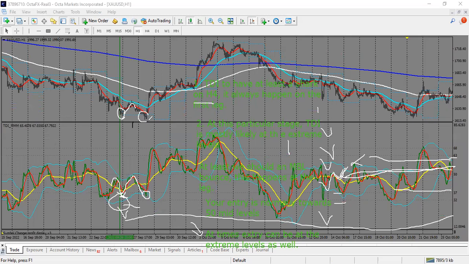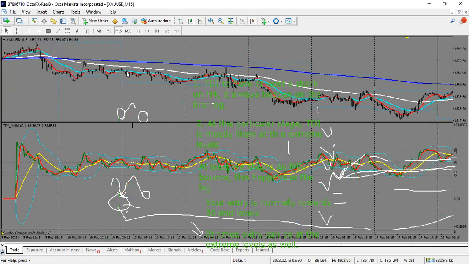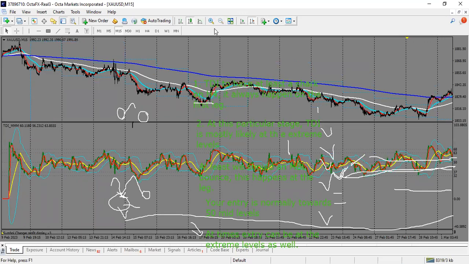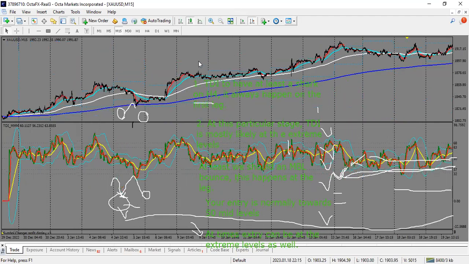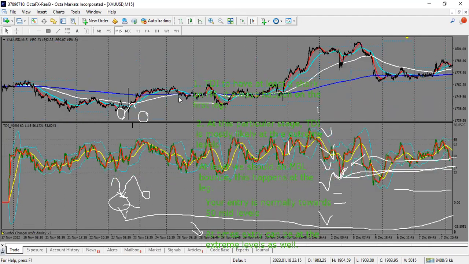If I mark this point out on M15, I should be seeing a W. Let's go and check it out on M15. Although it's going to be a very long search, let's try and check it out on M15.